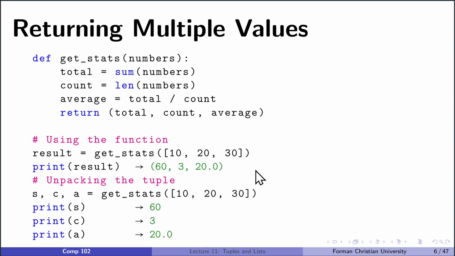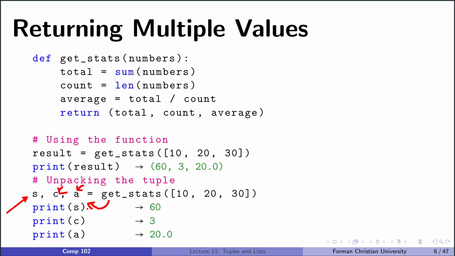So now the cool part: you can unpack the tuple. If we print the result, you can see that it's printing the values. Now in this line, there's an example of unpacking. We write s, c, a, and that equals this function call. Now each variable is going to hold one piece. What's happening is it's returning a single value, and then that single value is being decomposed into these 3 variables, s, c, and a.